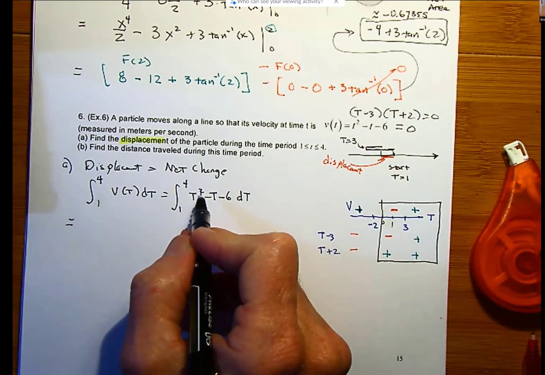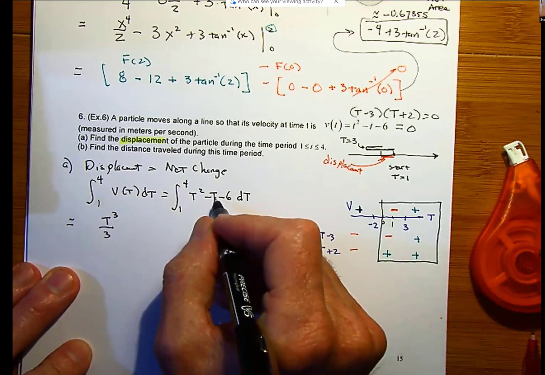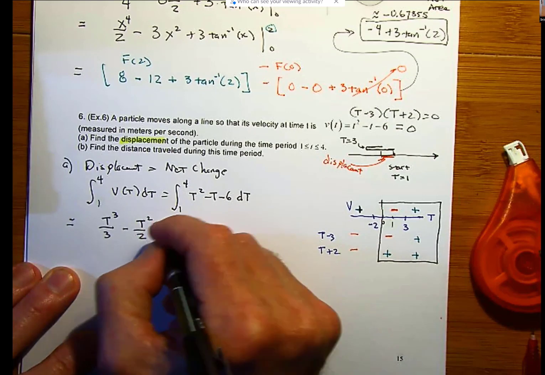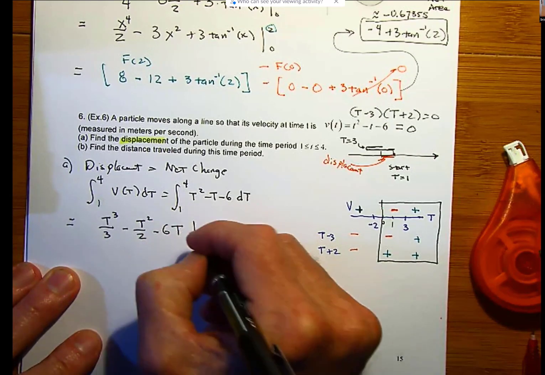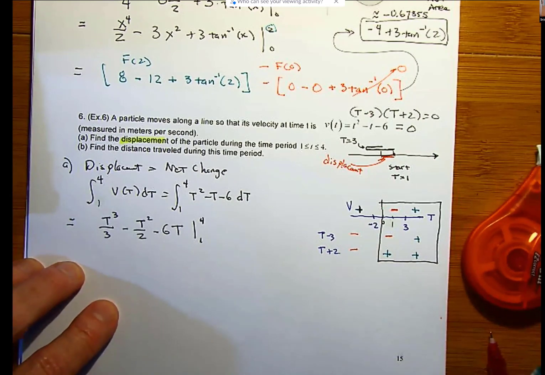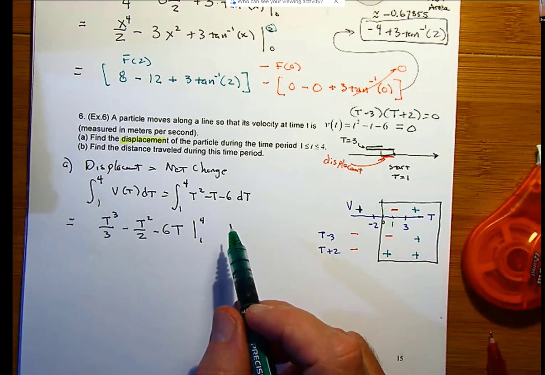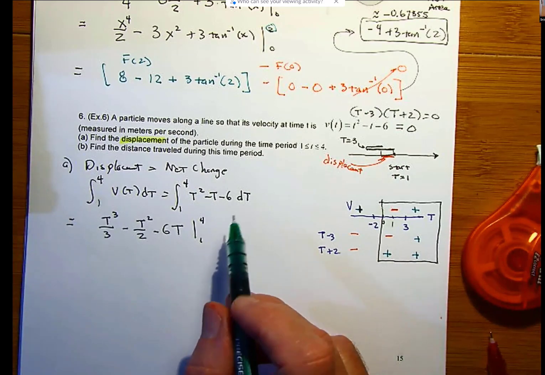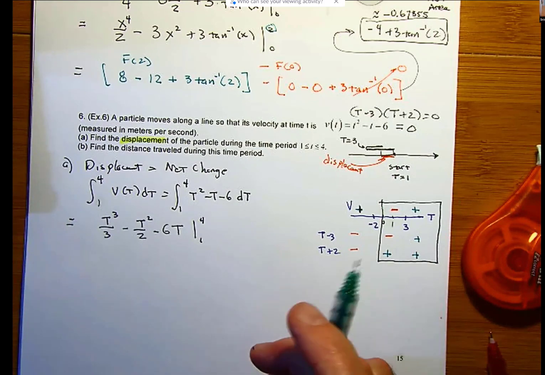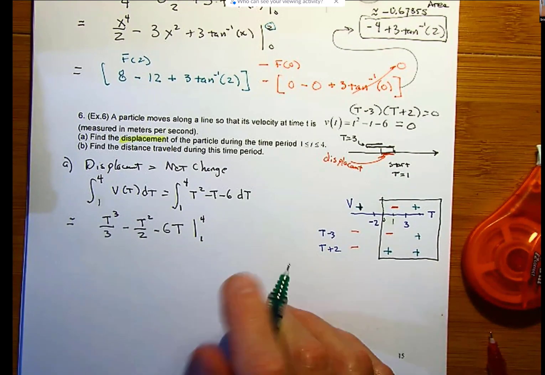That's going to be t cubed over 3, minus t squared over 2, minus 6t. We're going to evaluate from 1 to 4. And the rest is a lot of basic math. Well, let me show you 2 levels of doing this problem.